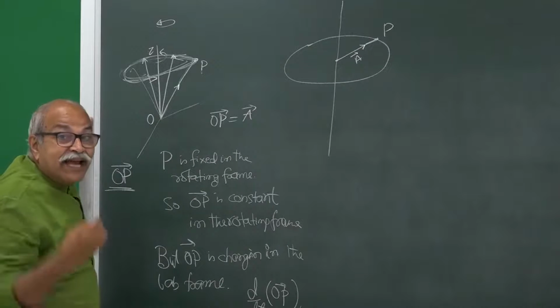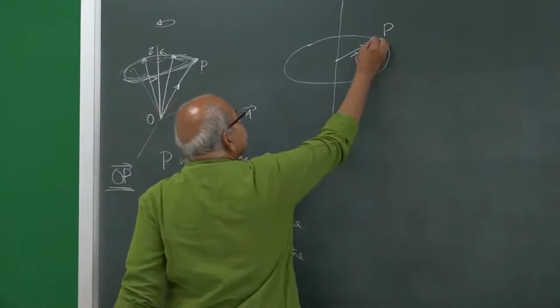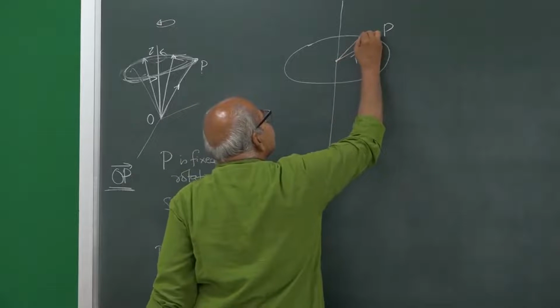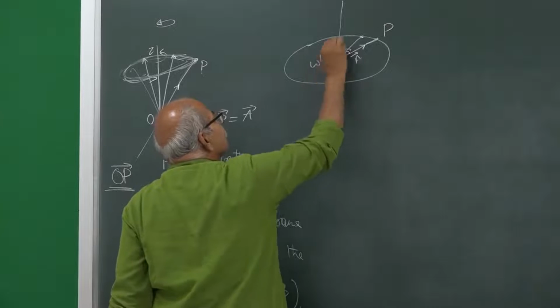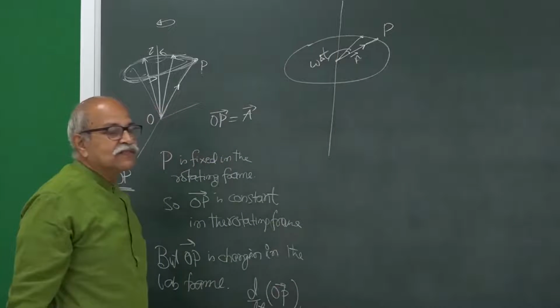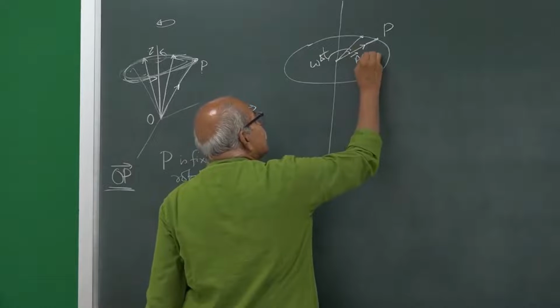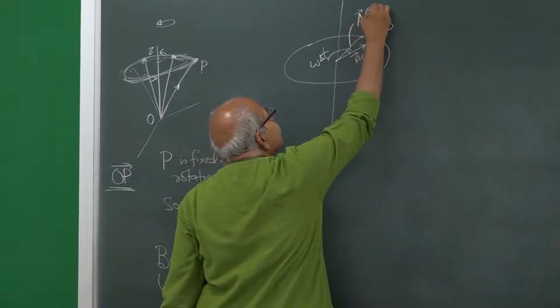After dt time, what will happen? After dt time, this particle will reach here, and this angle will be omega delta t. So this was vector A at time t, and this is the vector A at time t plus dt.